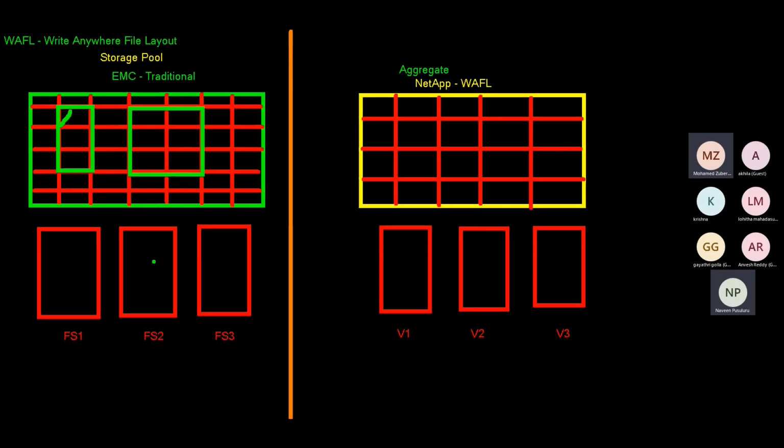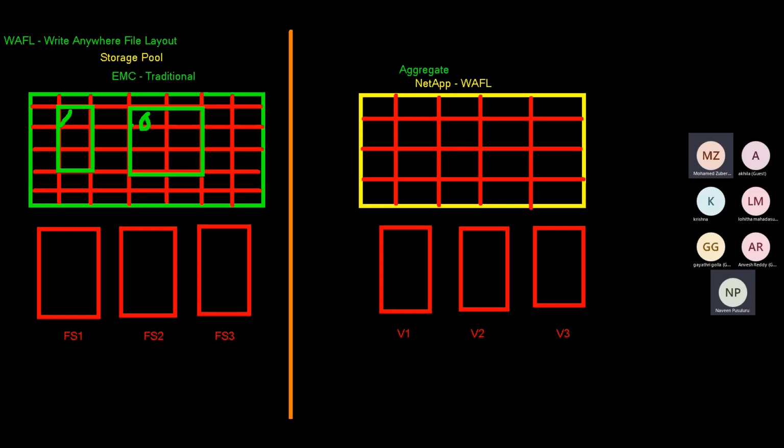Whenever you write something to FS2, it comes to the storage pool, finds the blocks reserved for FS2 and writes the data there only. The same with FS3. This is how a traditional file system works: whenever you create a logical partition, a few blocks are reserved under that file system.